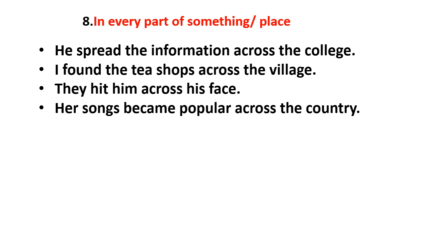I found the tea shops across the village. That means I found the tea shops in every part of the village. They hit him across his face. That means they hit him in every part of his face. Her songs became popular across the country. That means her songs became popular in every part of the country. In this way, across can be used for different meanings.